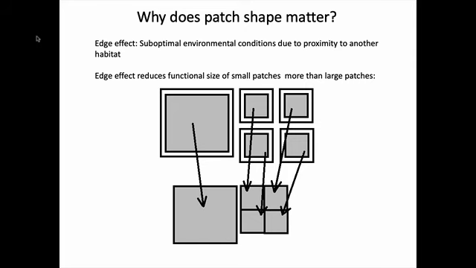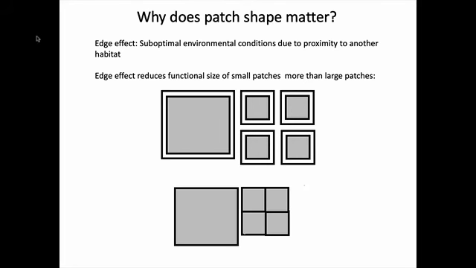Patch size matters tremendously. You may have the same area here, but because of the edge effect, you have much lower functional size. So when we look at the conservation value of patches, we pay a lot of attention to size.